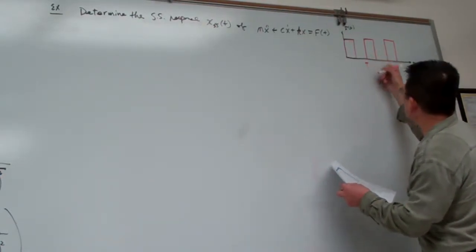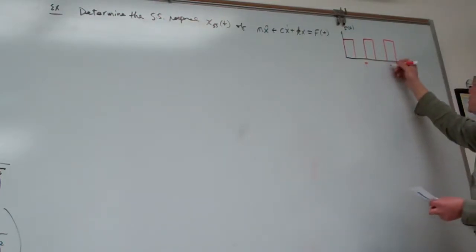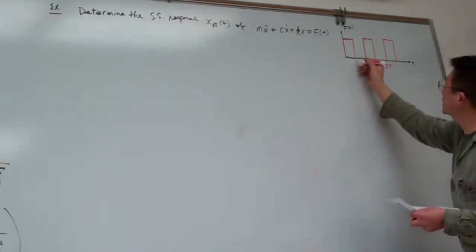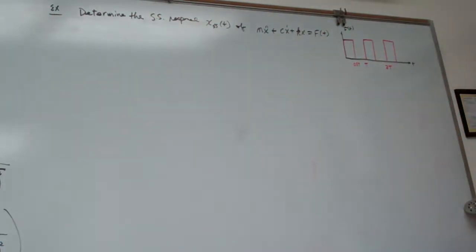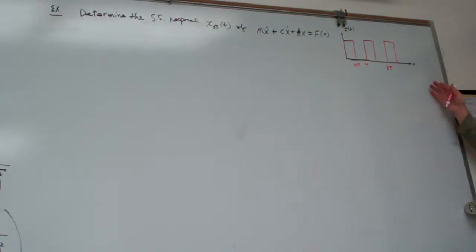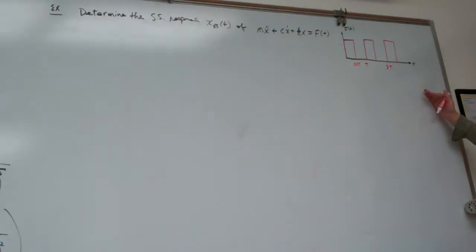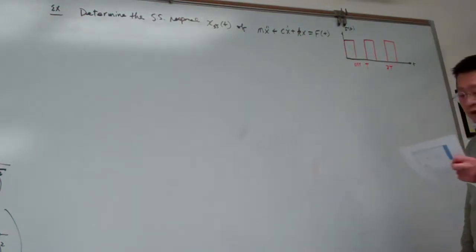This has a period T, so T and 2T, and this is 0.5T. So basically this is a periodic function, and we call this a 50% PWM, 50% duty cycle square signal, a rectangular signal.